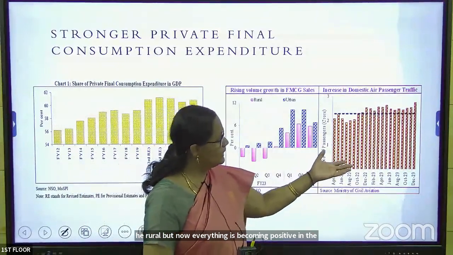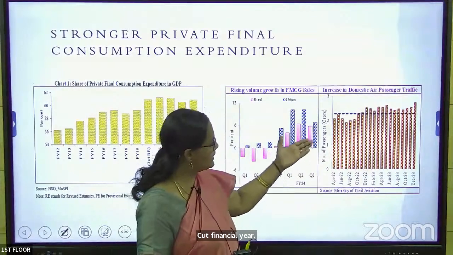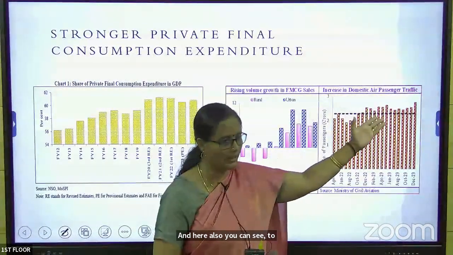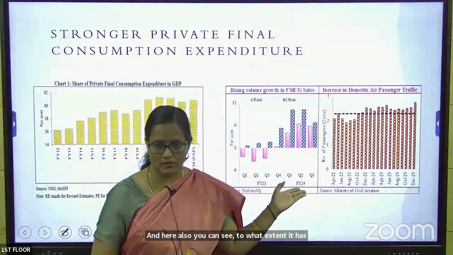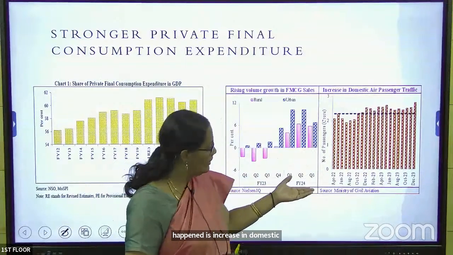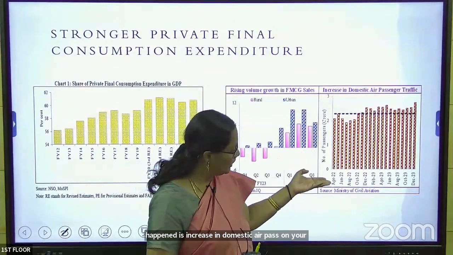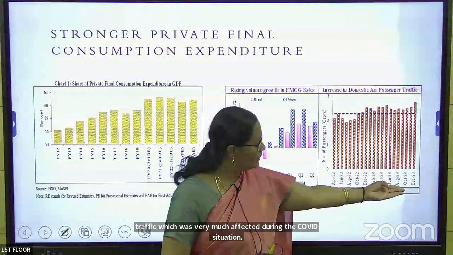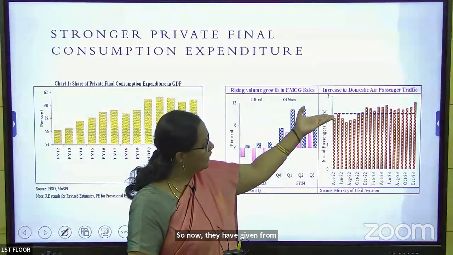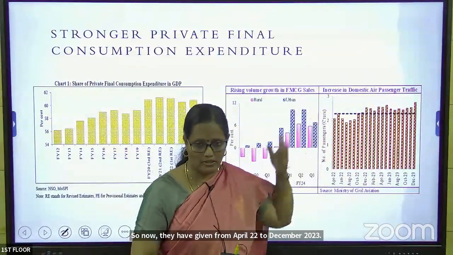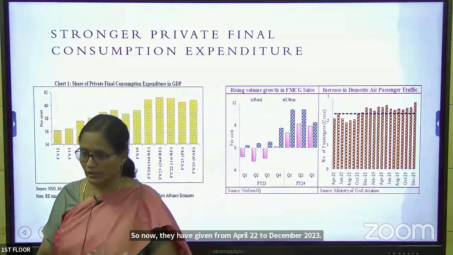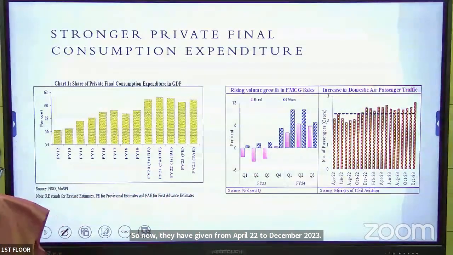And here also you can see the increase in domestic air passenger traffic, which was very much affected during the COVID situation. They have given from April 22 to December 2023. So many crores and crores of people have started traveling, which shows that the economy is bouncing back.